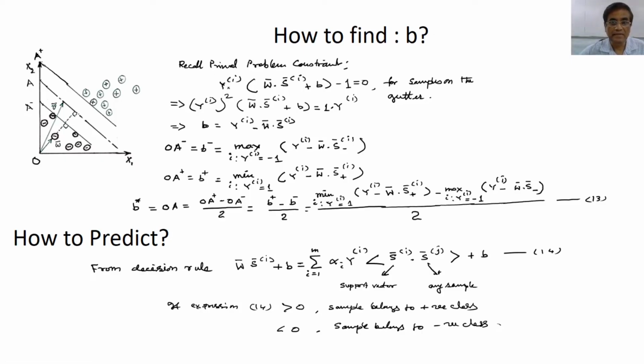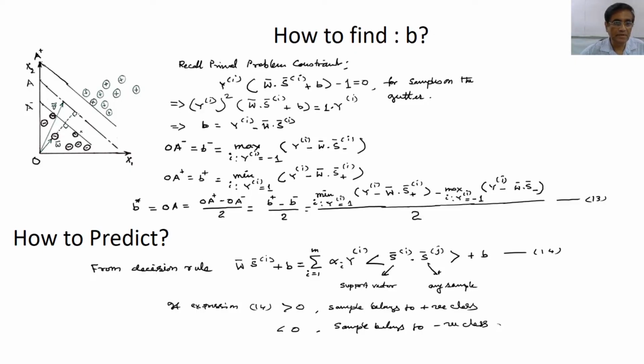Just recall the primal problem constraint: yi (W·Si + B) − 1 = 0 for samples on the gutter. So this was the constraint in the primal problem in the initial lectures. Say this is one end of the gutter, another end of the gutter.